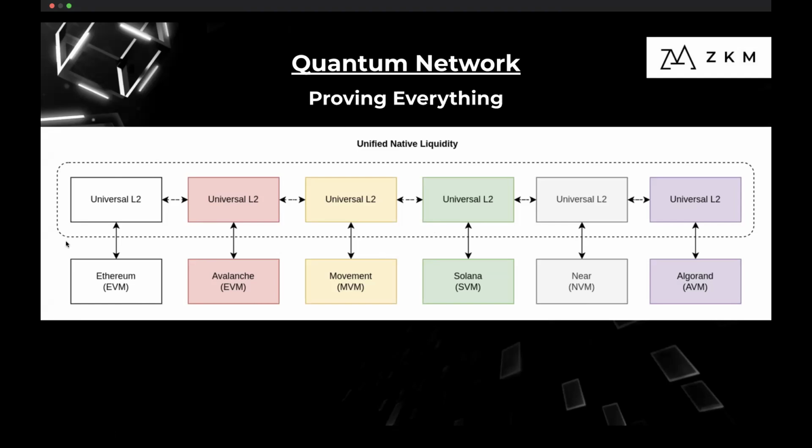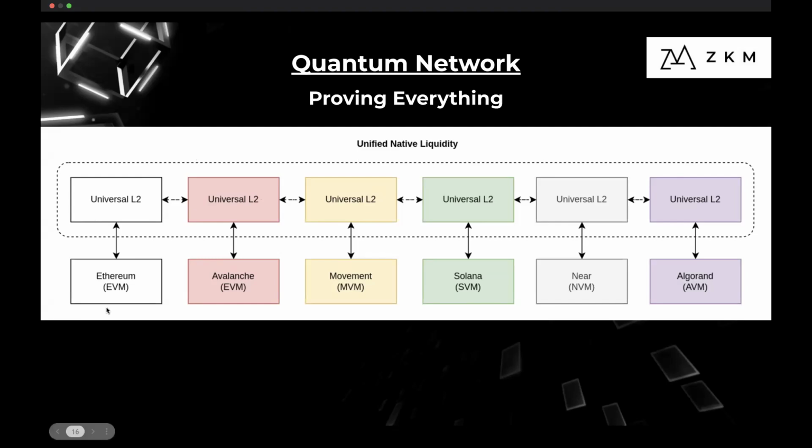And each individual segment right here, so, for example, over here with EVM, Ethereum, Universal L2, with Avalanche, Movement, Solana, that's an entangled rollup. But how they're all connected together, this overall big picture over here, that's through our version of quantum entanglement, and that's the overall quantum network. So the individual segments are entangled rollups.